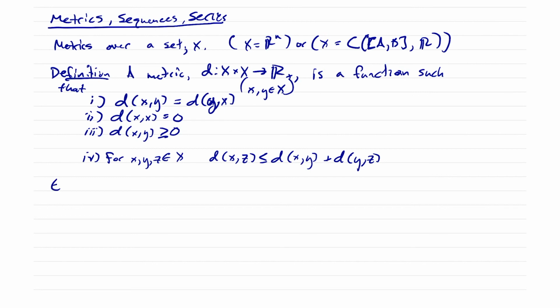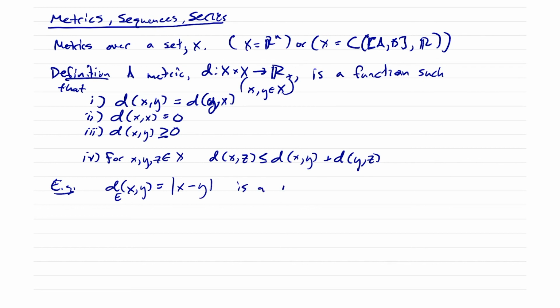So an example of a metric is Euclidean distance, and we usually use d sub E for this notation. It's going to be d_E(x,y) equal to the absolute value of x minus y, and so this is the typical sort of distance that you have in Euclidean space.